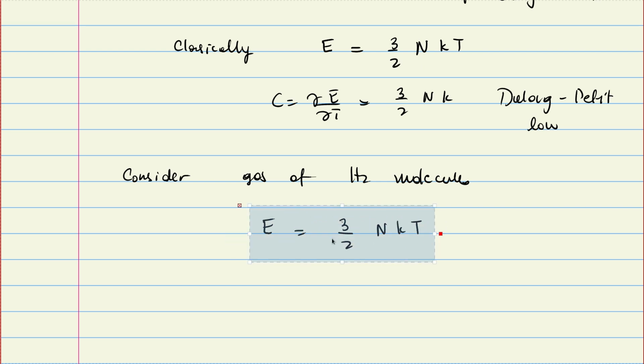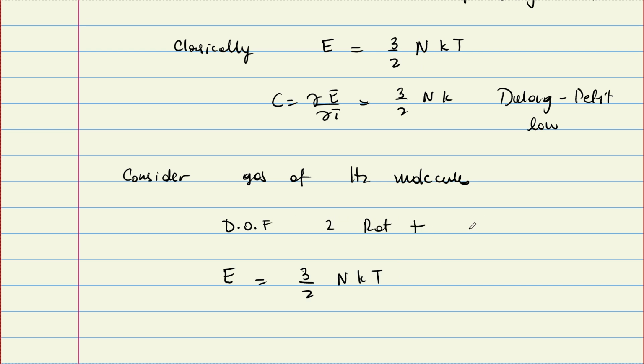Why 5? 2 rotational, plus how many translational? 3 translational. Anything else? Exactly. How many for vibrations? Just 1?